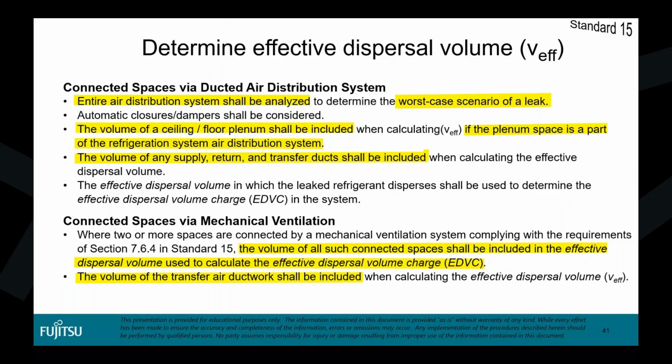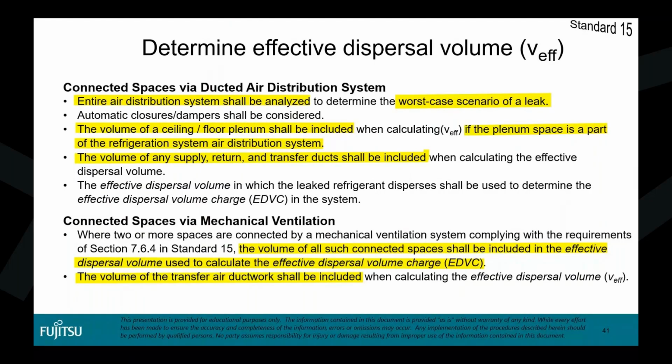We saw that earlier on that slide with the lay-in ceiling. Supply and return transfer ducts shall be included, the volume of those as well, when we look at the room volume. If you have mechanical ventilation, it's similar. Transfer ductwork shall be included when you determine that VEFF, the volume of that room.